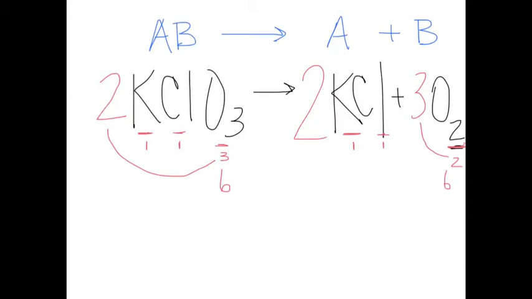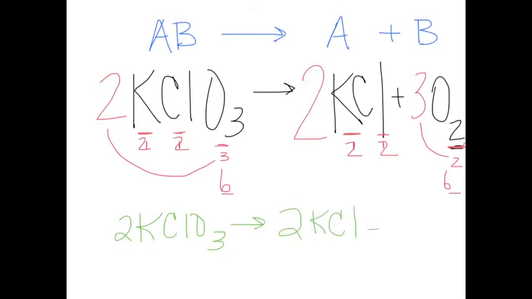And now we have 2 potassium, 2 chlorine, 2 potassium, 2 chlorine, and 6 oxygens, and it is balanced. And I'm going to rewrite it just because I want it to be separate and clear. So I'm going to write 2KClO3 breaks down to form 2KCl plus 3O2. That is decomposition.